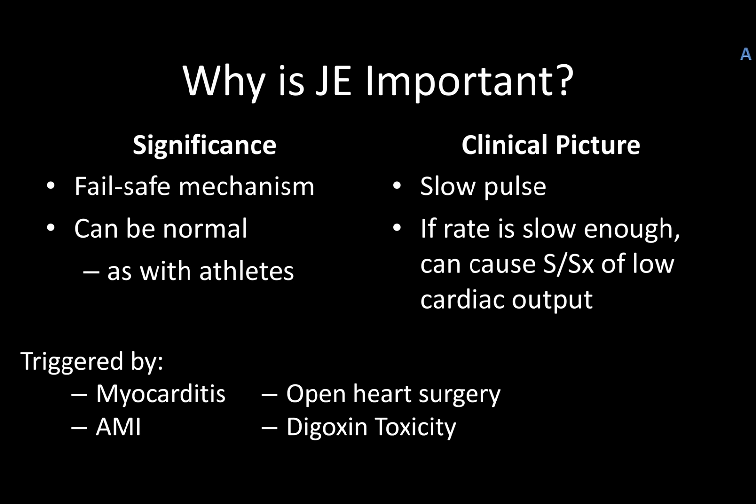So why is junctional escape important? Why is it worth all this time to try and figure out what it is and why it's going on? It's important to keep in mind that the escape part implies exactly what it is. It's a fail-safe mechanism. It's there to keep the organism alive as long as possible. So in the case of failure of the SA node, it makes an awesome backup.